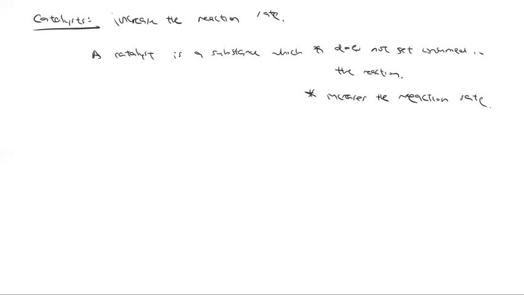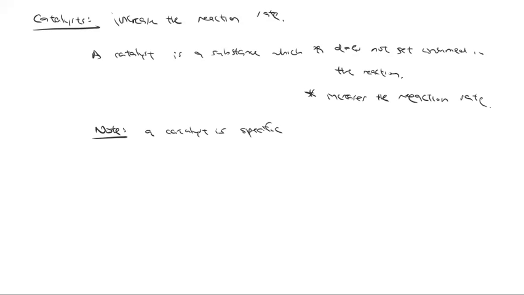And just in case it's not clear, a catalyst is specific to a reaction. You can't just say, hey, I've got a catalyst, I'll add it to whatever I want and the reaction rate will go up. No. If you've got one particular reaction, there are only certain things that will speed it up.